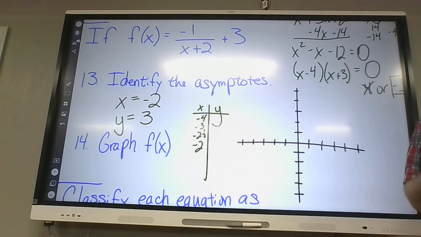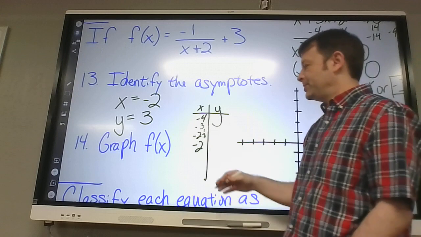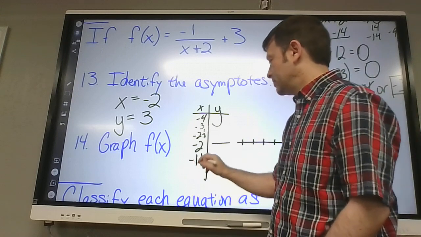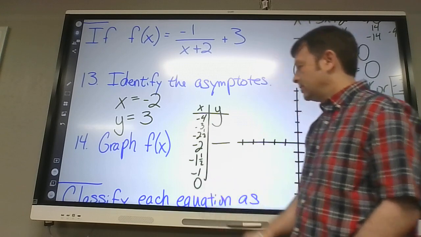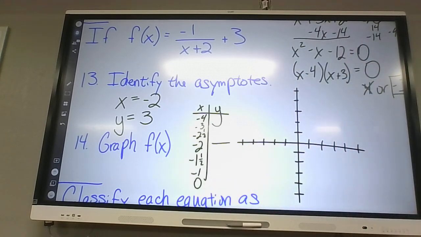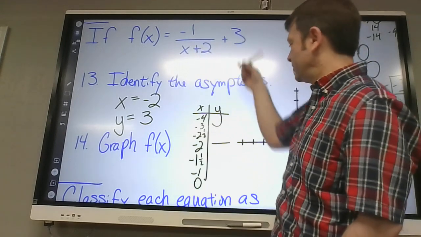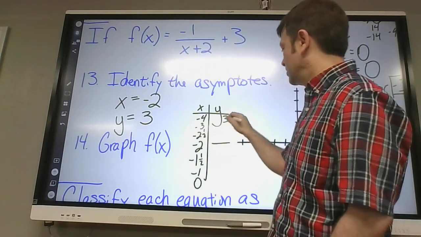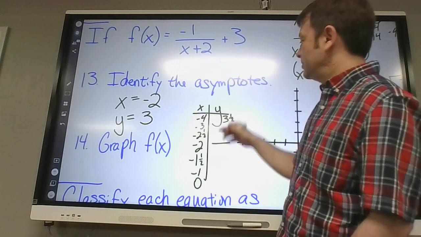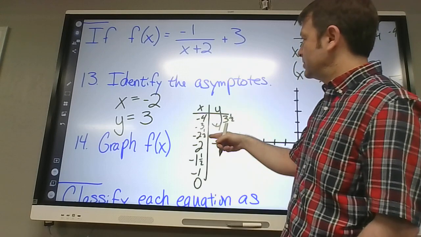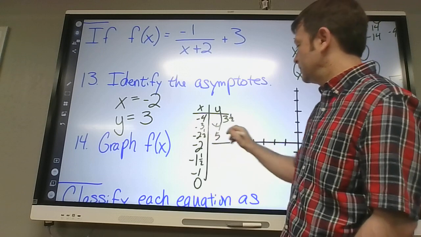I'm not going to count it wrong if you choose different x values, but your picture might not look right. Then you just plug those in. So if I plug in negative 4, I get negative 2, 1/2, 3.5. I plug in negative 3, I get 4.